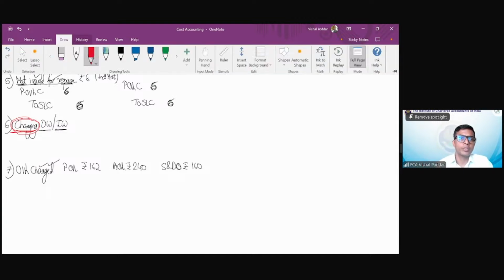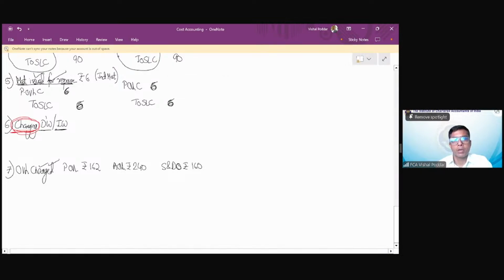Now coming to the point which Mohammad Parvez was trying to highlight, that direct wages has to be charged to WIP control. Why? Because where is the direct labor worker being used? He is used in the factory, and factory is represented by WIP. But indirect wages, it may be again of the factory workers, but they are indirect, and all indirect has to be charged by first transferring it to overhead.